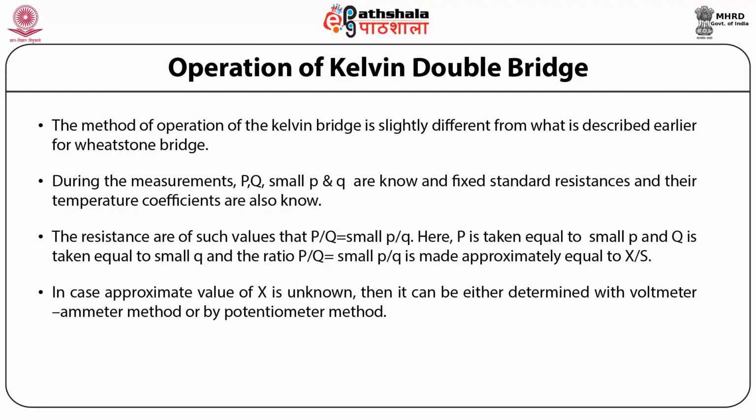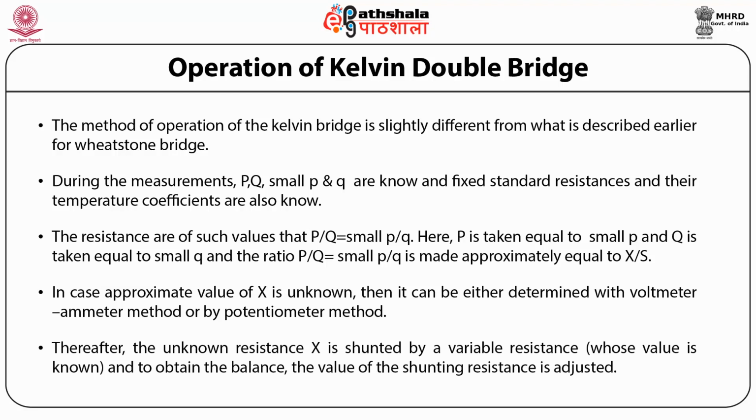In case the approximate value of X is unknown, then it can be determined either with the voltmeter ammeter method or by the potentiometer method. Thereafter, the unknown resistance X is shunted by a variable resistance whose value is known, and to obtain the balance, the value of the shunting resistance is adjusted.